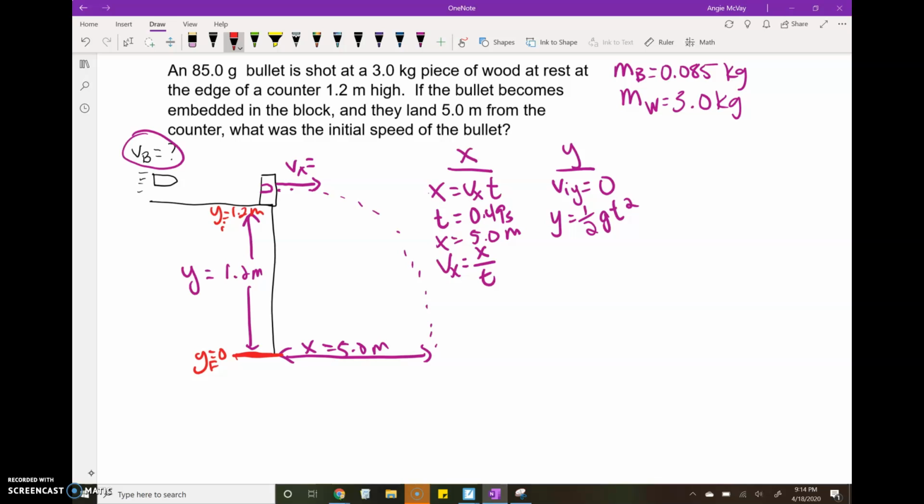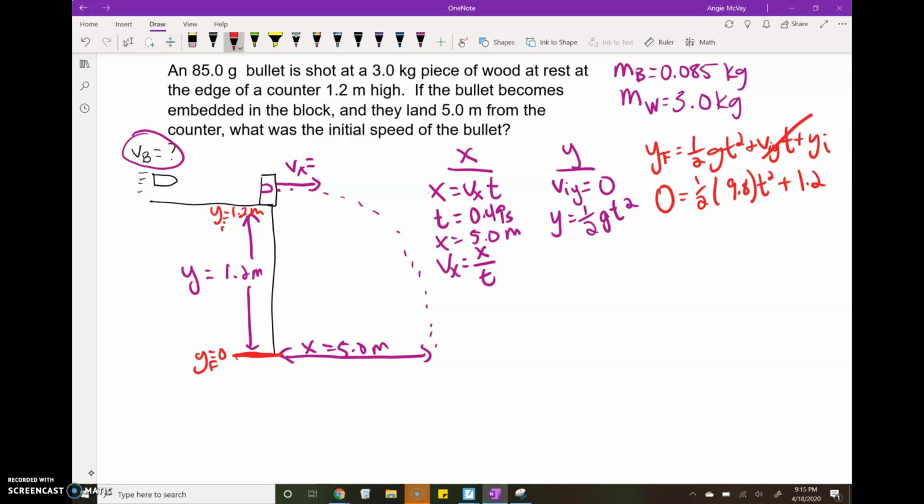In that circumstance, the equation that you would use would be y final equals 1/2 gt squared plus v initial y t plus y initial. Initial velocity is 0, and you would put in y final is 0, equals 1/2 times 9.8 times t squared plus y initial is 1.2 meters.